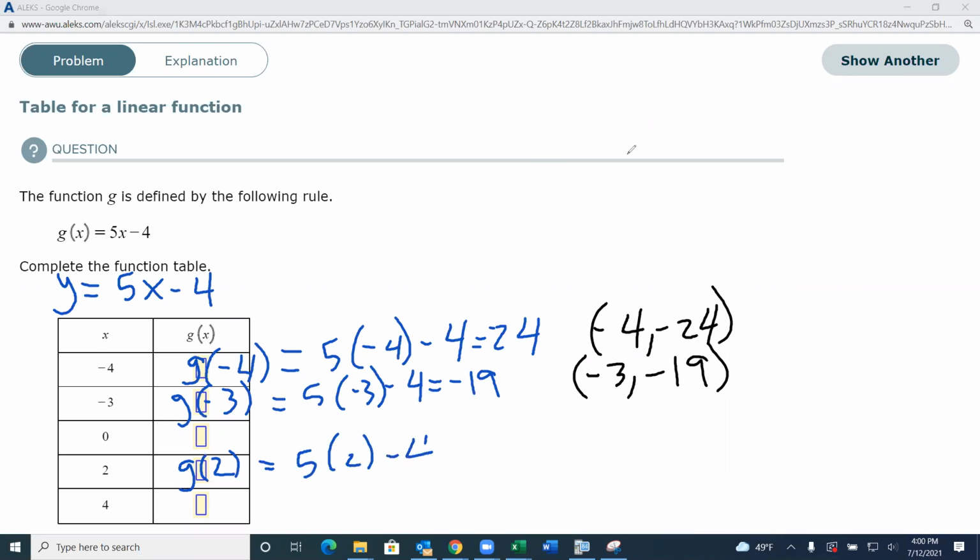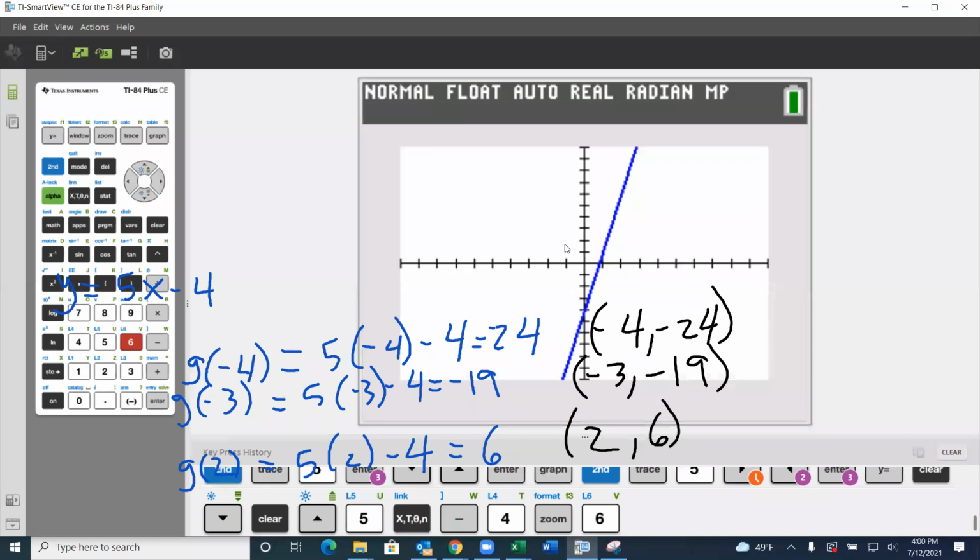Okay, so I do this. So I know that 2, 6 is a point on the graph. In fact, that one is closer to the origin, so we'll see that more easily if we look at it on the calculator. Let's take a look. So if I use my arrow buttons, whoops.